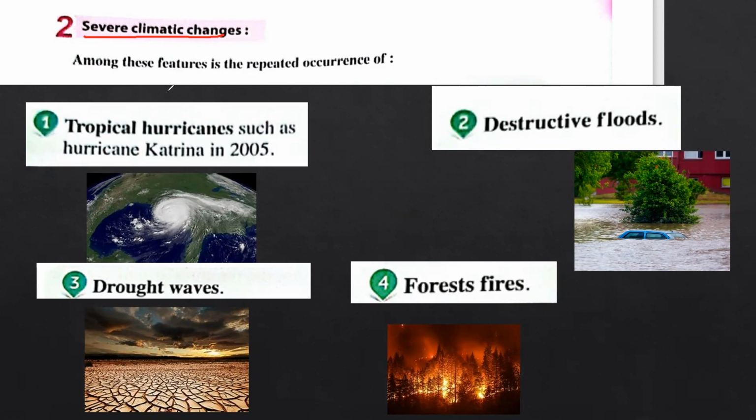What else? Destructive floods. And what else? Drought waves and forest fires. All of these are severe climate changes. So again, tropical hurricanes like Katrina, destructive floods, drought waves, and forest fires.